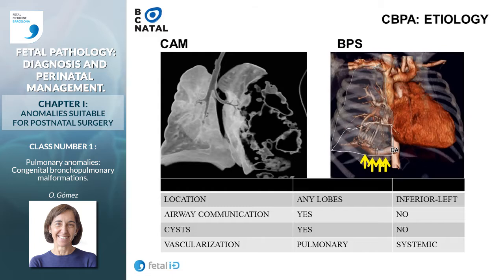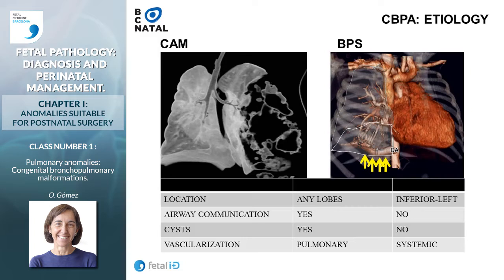This table summarizes the characteristics that make it possible to differentiate the group of bronchopulmonary malformations. The cystic adenomatoid malformation is located in any lobe, whereas the bronchopulmonary sequestration is typically located in the left lower lobe. The cystic adenomatoid malformation connects with the airway or the tracheobronchial tree, and has cysts in the majority of cases visible by ultrasound, and the bronchopulmonary sequestration does not.